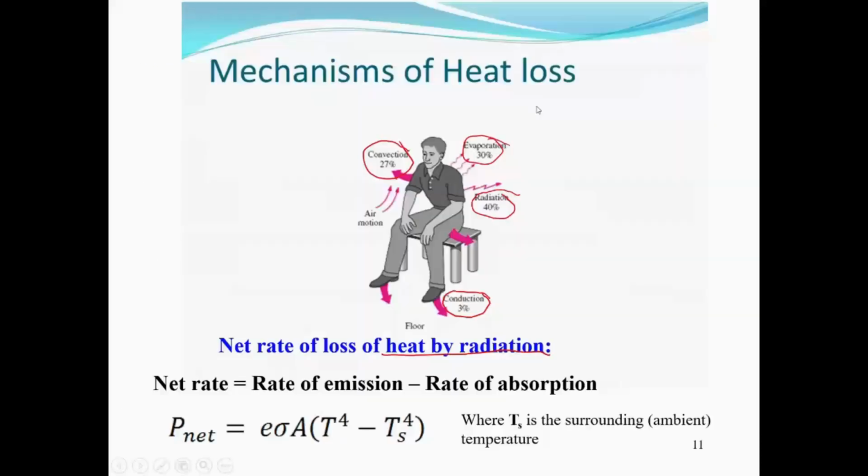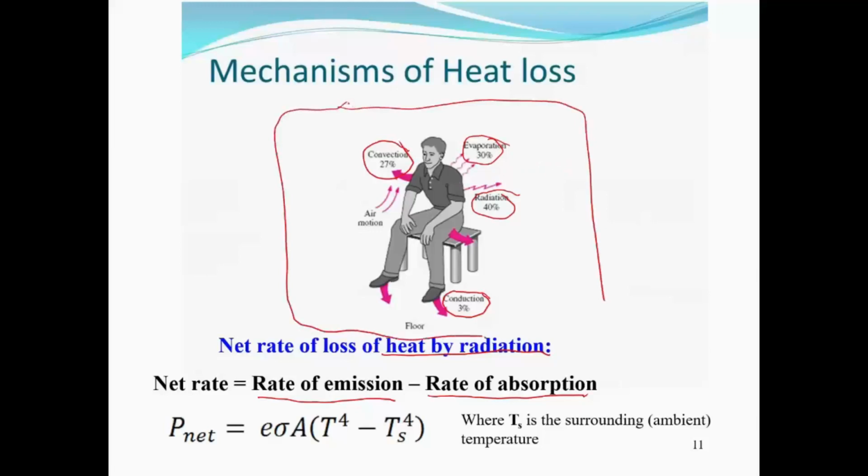If you have just one hot object, the rate of emission of radiation is given by this formula. But what would be the net heat transfer if you have two objects? The net heat transfer is the rate of emission minus the rate of absorption. You are radiating energy through your body, but since you are in a room, and the room is also emitting energy, your body absorbs it.